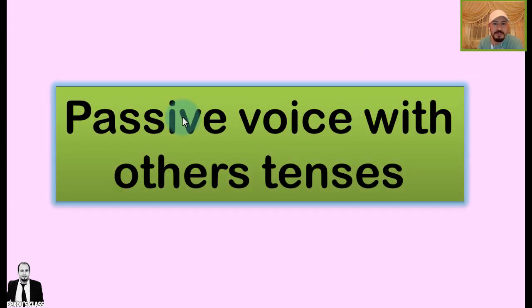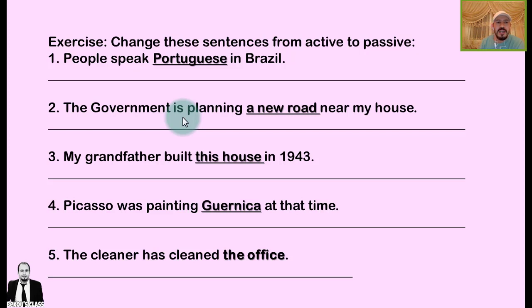Okay, so let's move to the passive voice with other tenses. So we have an exercise here, but with other tenses, not just simple past. We have different tenses. So change these sentences from active to passive. So we have number one, people speak Portuguese in Brazil. Number two, the government is planning a new road near my house. So we have here simple present, present continuous.